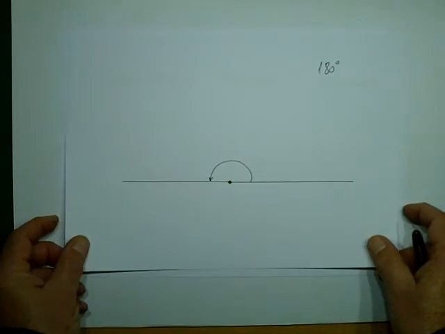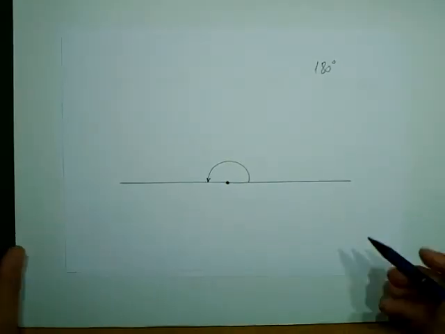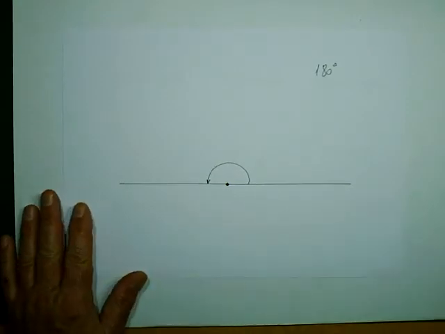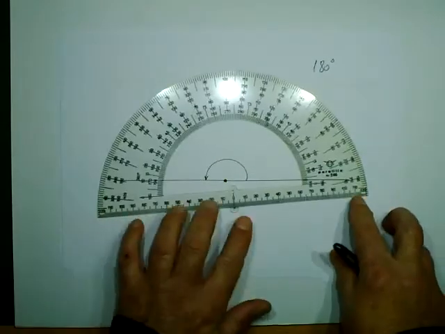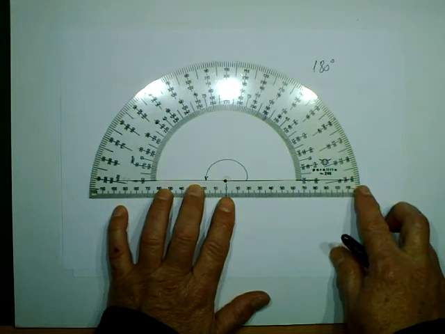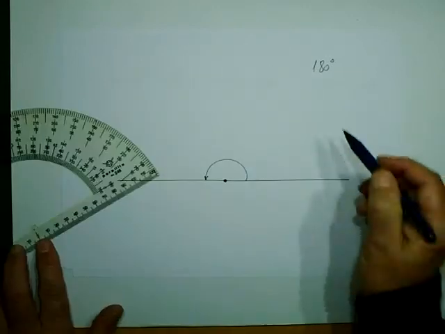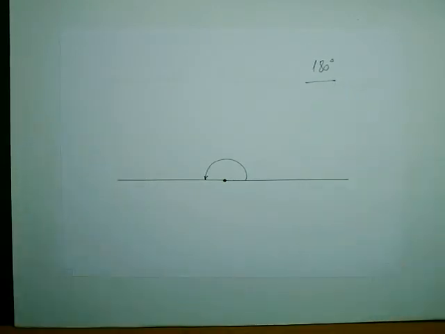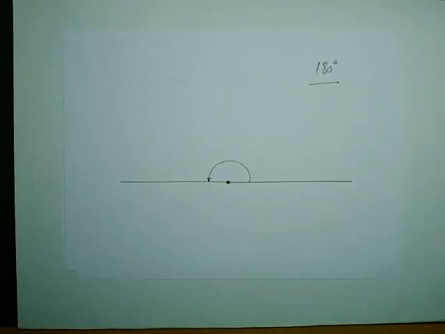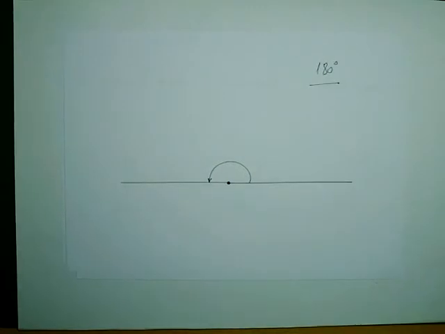A straight angle is an angle which has two sides that extend in opposite directions. If I measure this with my protractor, I can see that it is 0 to 180 degrees, and this is a straight angle. One straight angle is equal to two right angles.